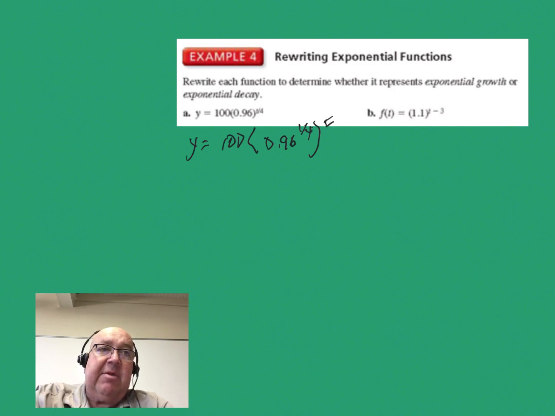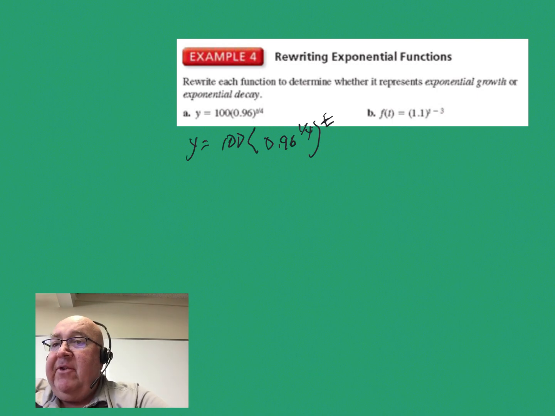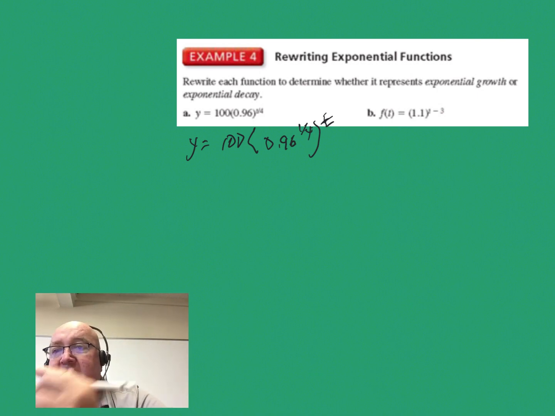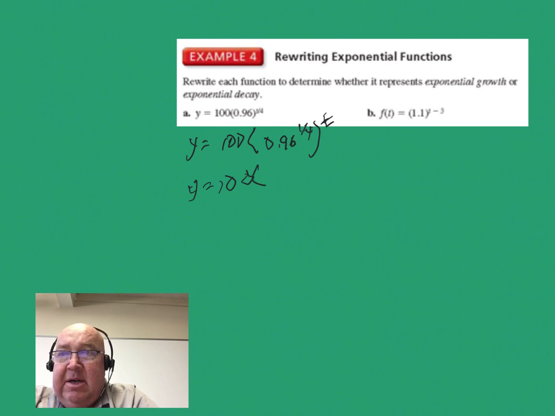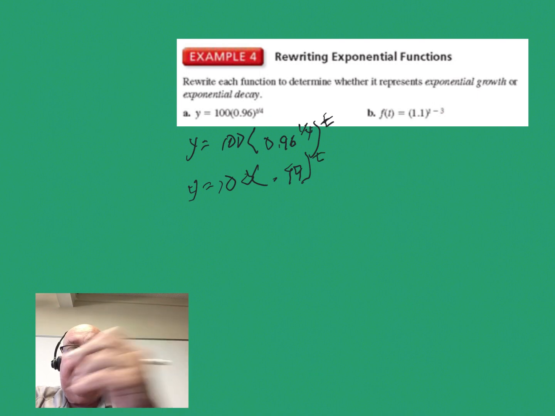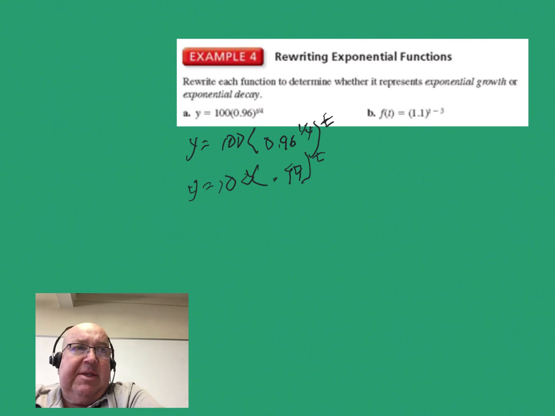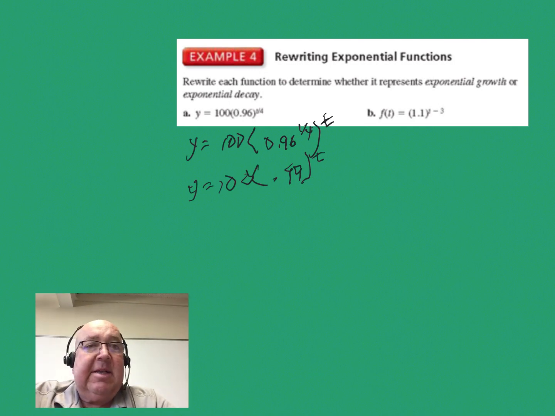So we're just separating those. Then we can figure out 0.96 to the 1/4 power, and it's going to be y is equal to 100 times 0.99 to the t. And that simplifies that, and that would represent decay, meaning that's less than 1.